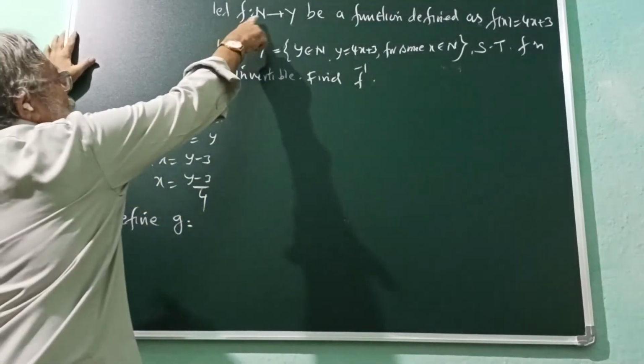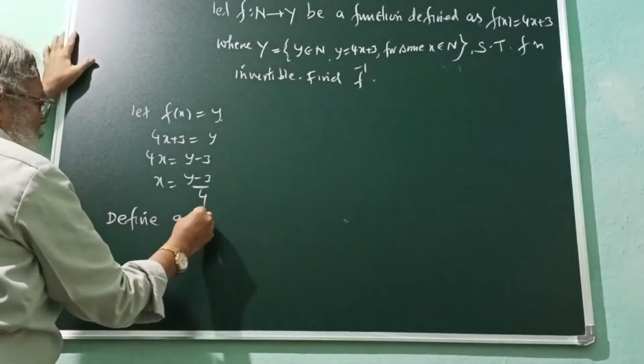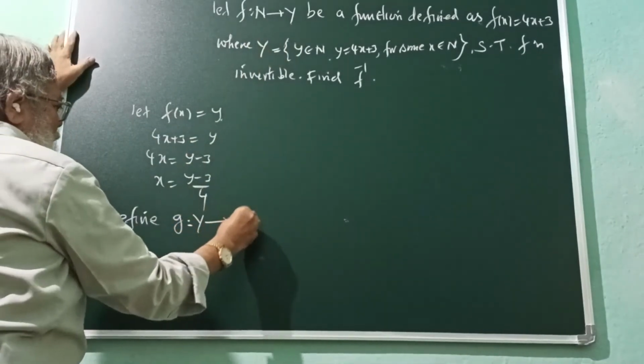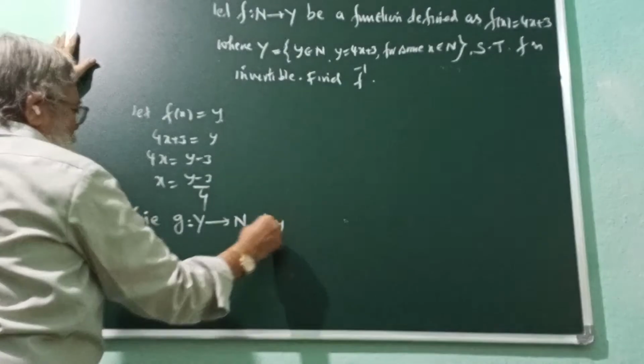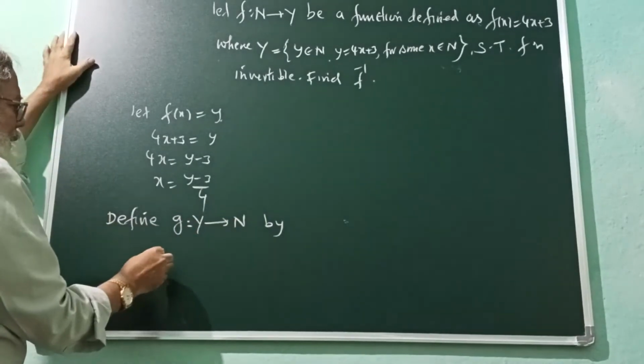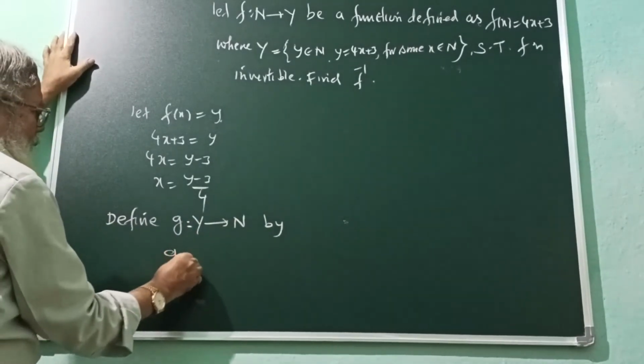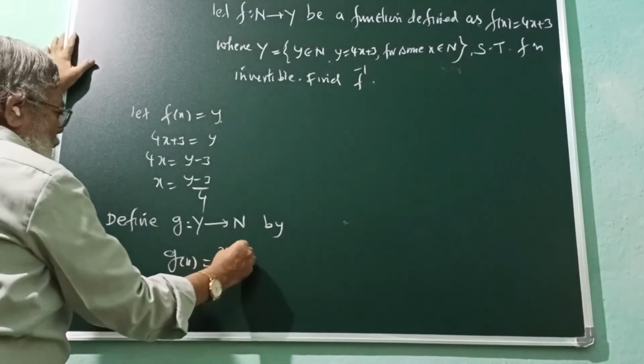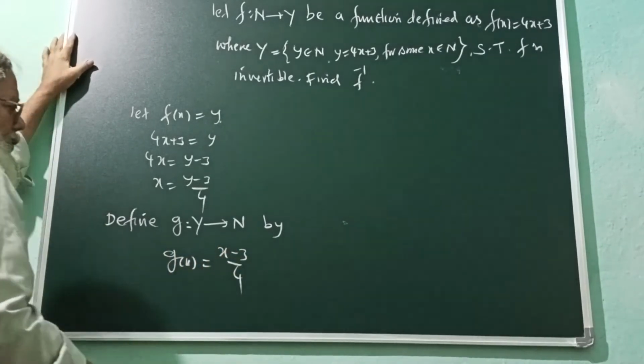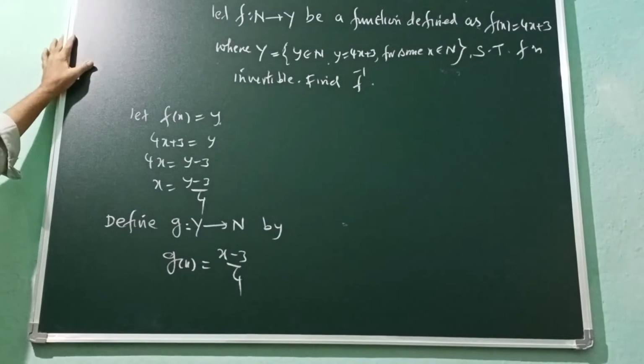Now with what we supposed, after finding that, we define g. f was from N to Y, so g must be from Y to N, defined by g(x) = (x - 3)/4. That is the function g.